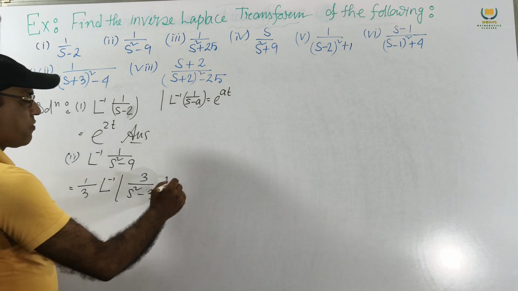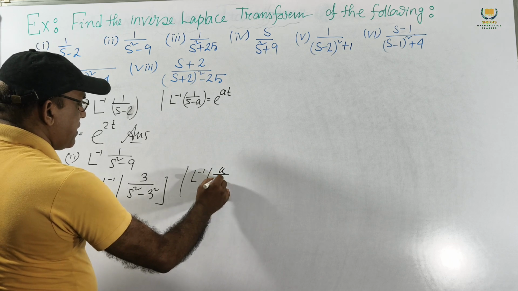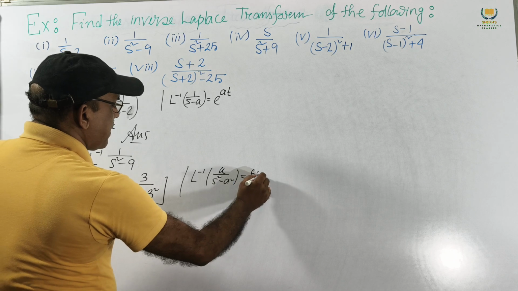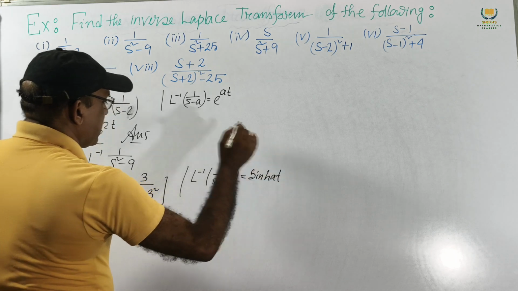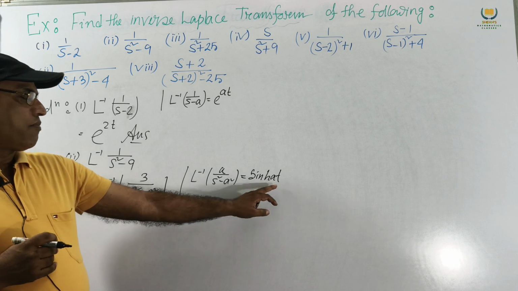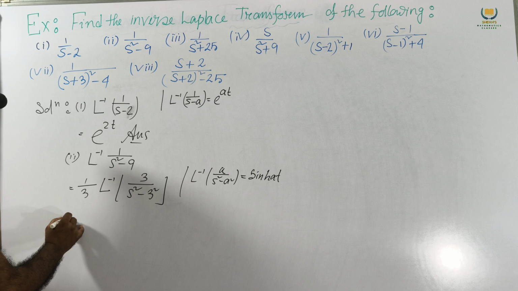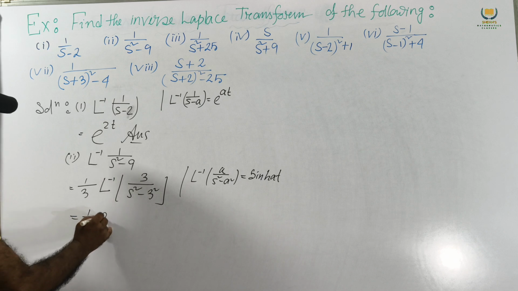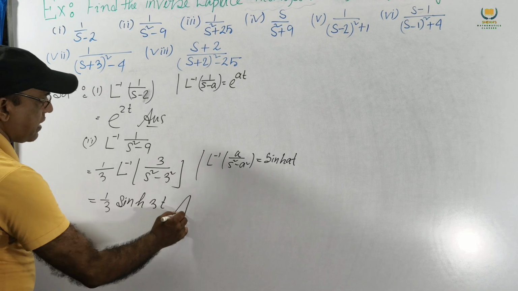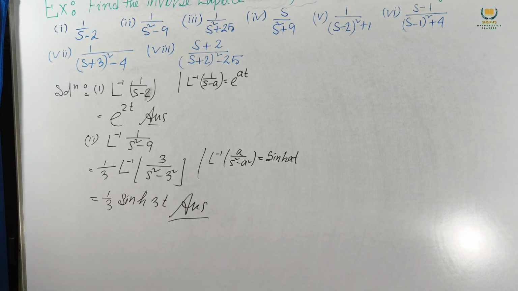But we know this formula, L inverse a by s square minus a square is sin hyperbolic at. So this will be 1 by 3 sin hyperbolic 3t, and this is our answer. So number 2 we get.